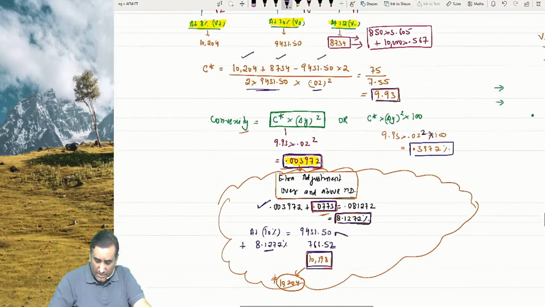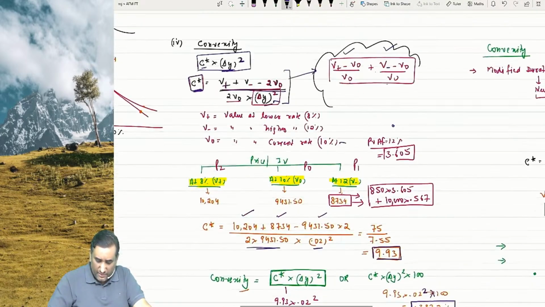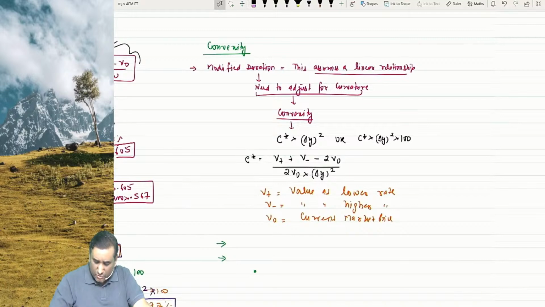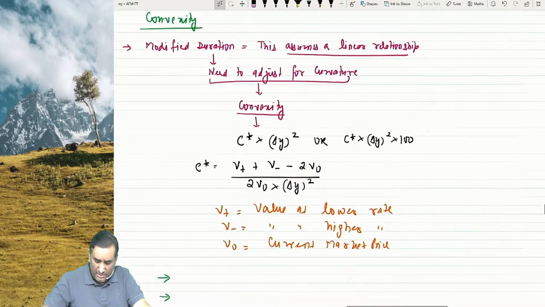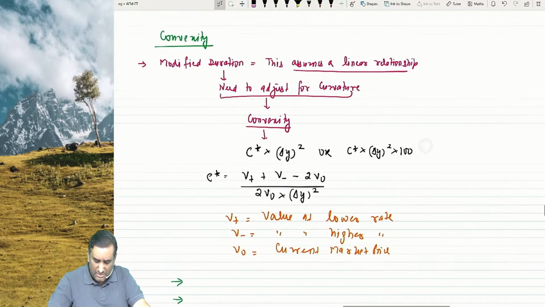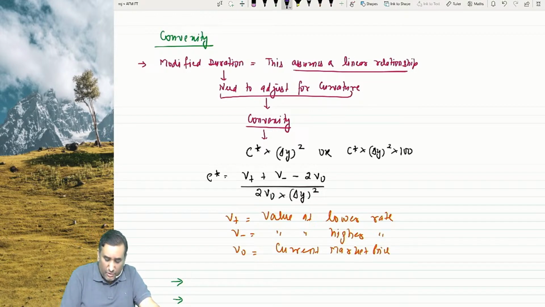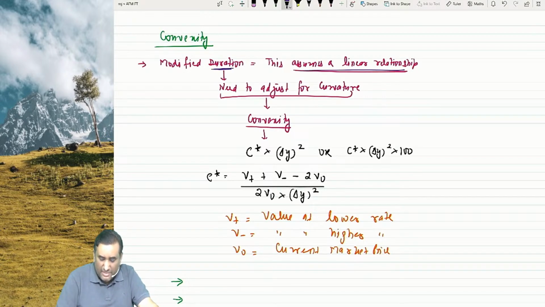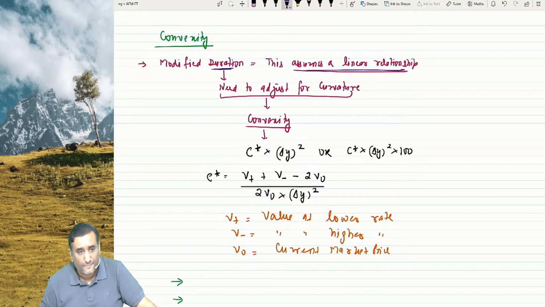If you want to copy, I'll show you one by one, and then I'll show you the convexity also. First you do one thing, just write this word here, convexity. Modified duration assumes a linear relationship.